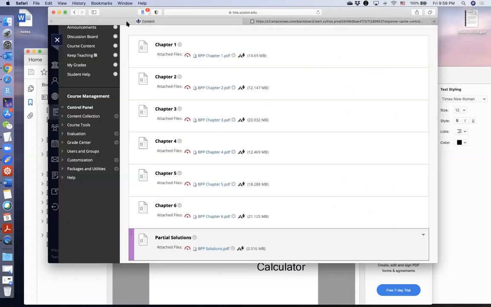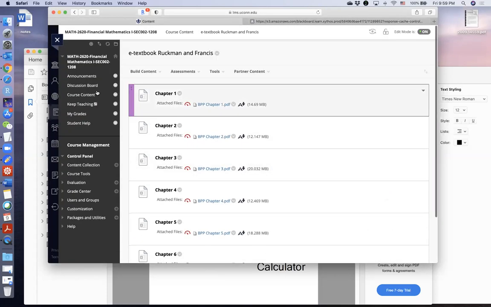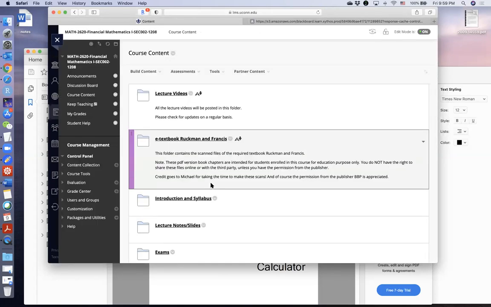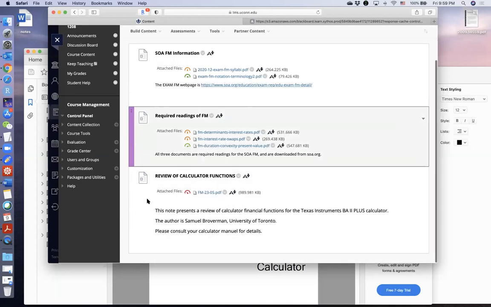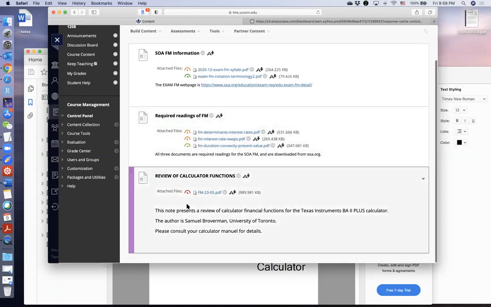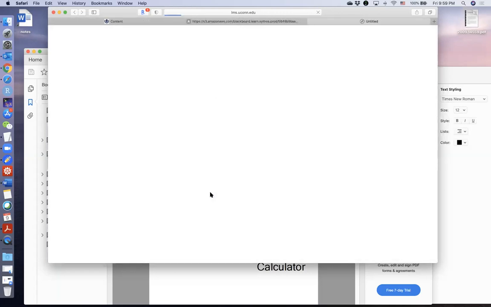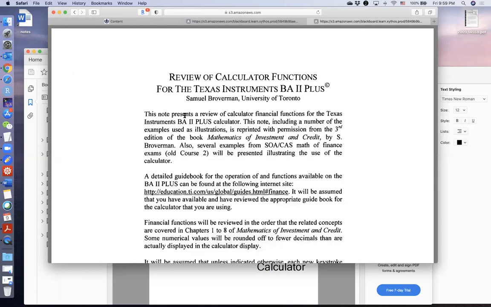Another thing I want to mention is in the course content, I added a quick thread. Here I found a nice menu written by Samuel from the University of Toronto. Basically it's quick instructions on how you can use this special calculator, the Texas BA2 Plus.